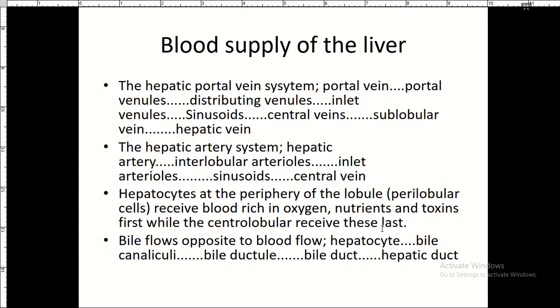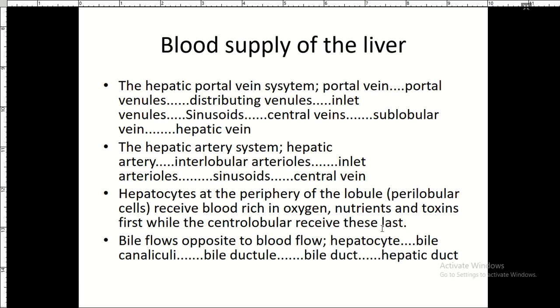Blood supply to the liver. You have to understand that the liver is supplied by a portal vein. A portal vein supplies up to 75% of the blood to the liver. But this blood is high in nutrient content and low in oxygen.